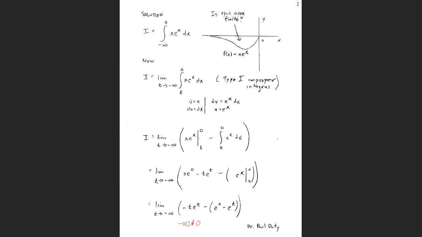So it's like you have something getting bigger times something getting smaller. We don't know if that goes to infinity, goes to 0, or levels out to be a constant. It really depends on the rate at which t goes to negative infinity and the rate at which e to the t goes to 0. That determines the limit. And this is where L'Hopital's rule comes in.